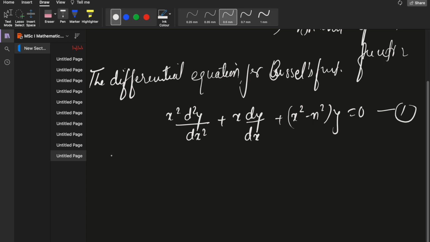We need the solution for this differential equation. We assume y, the solution of this differential equation, is the summation r tends to 0 to infinity of ar x to the power k plus r.